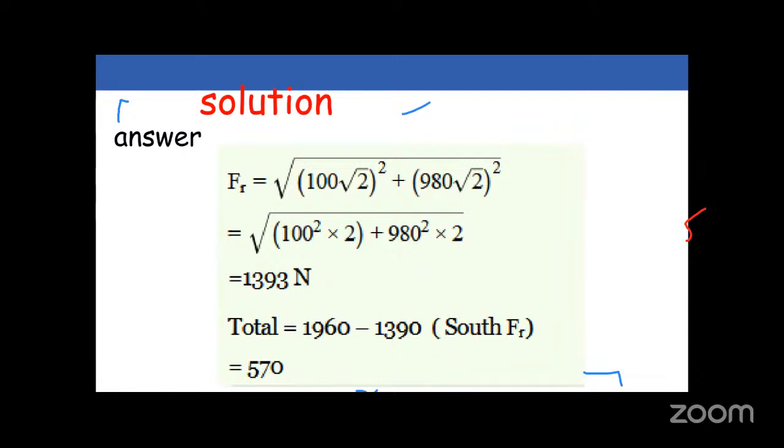So when you have done all that, you are going to find the resultant, that is the magnitude of the component. So when you find the magnitude of the component, that will give you the answer that is written here.